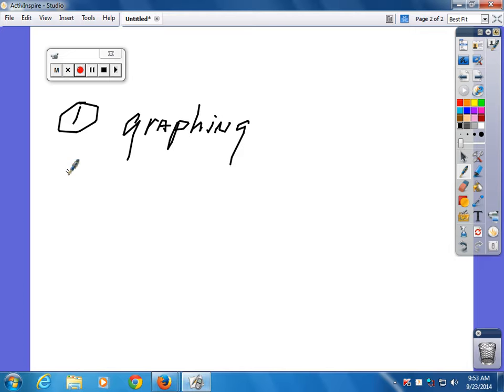The second method is substitution. In substitution, you solve for one variable, then plug and chug into the other equation. Some people like this because they just like to substitute. I remember when I was in college algebra, I liked it because it's the only one I could understand. And I used it. Third is elimination.